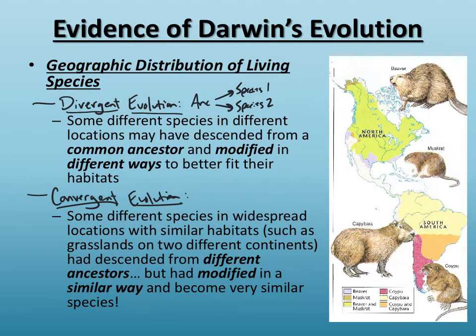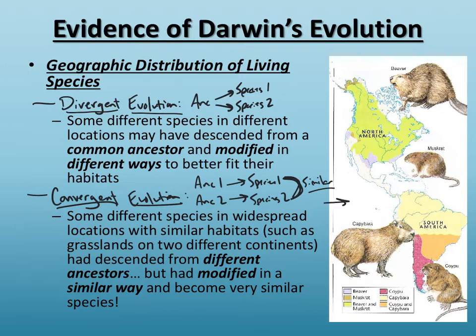They've just modified to fit a similar environment very well. So basically, we've got ancestor 1, ancestor 2, and they've become species 1 and species 2, but these are really similar to each other. And it's because their environments are similar.